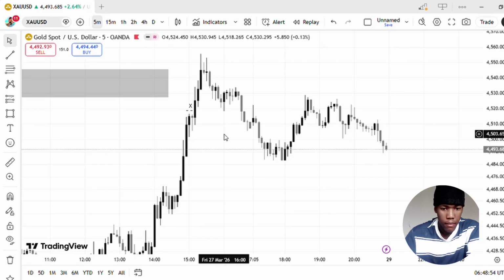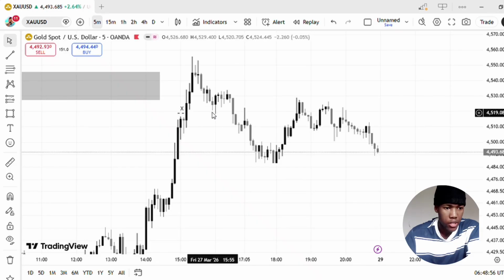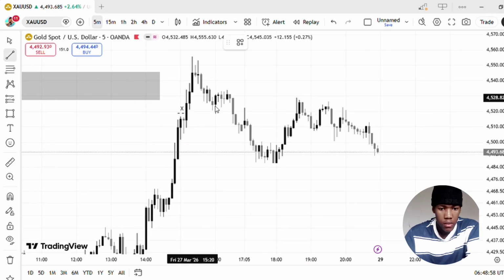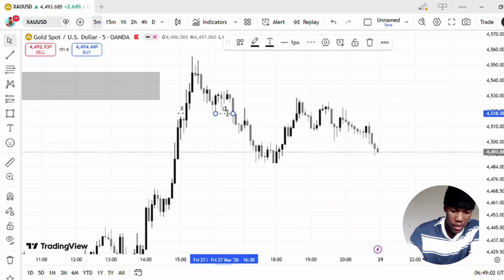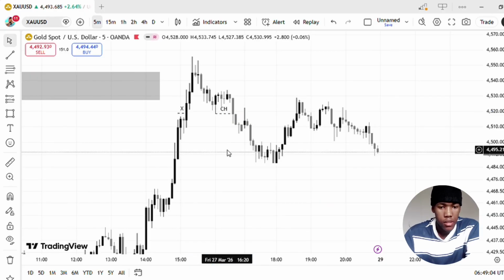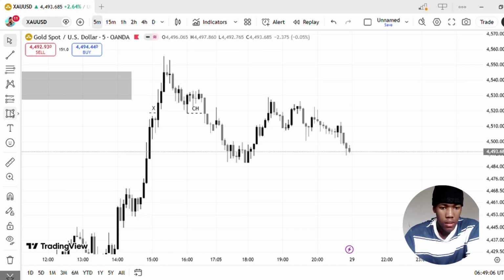After that, the market gave us this market shift right here. So this was the market shift that the market gave us. We're just going to mark that CH, which symbolizes change of character. And we had this order block right here.